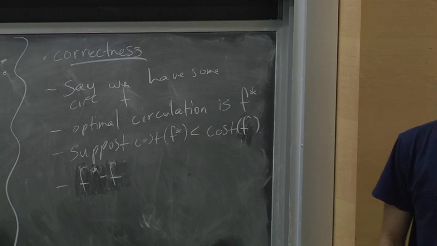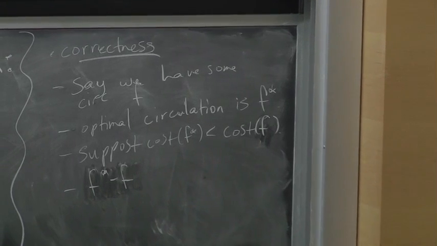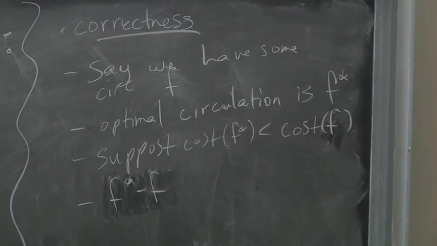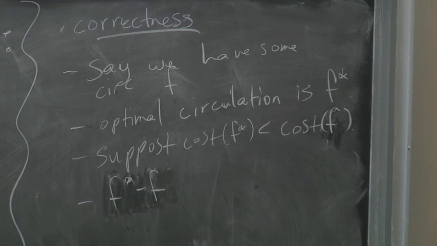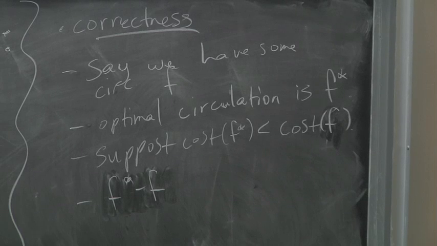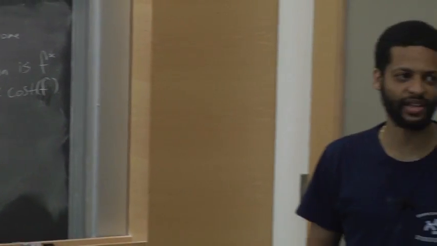Or what are a couple things you can tell me about F star minus F? Yeah, it's negative cost. So if we augment by it, we'll decrease our cost. And what else? Well, I'll just tell you. It's a circulation. If you take two circulations and subtract them or add them, you get back a circulation.